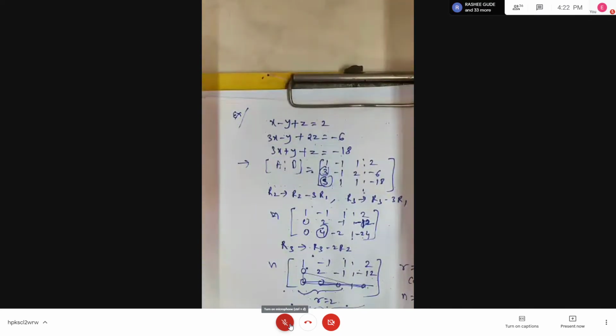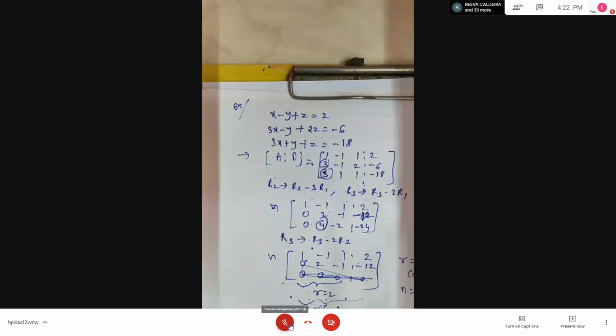You have the equations, no? You have 3 equations. So see how many unknowns are there in the equations. Ma'am, 3. So N is equal to 3, right?